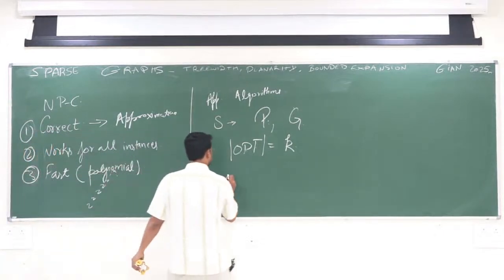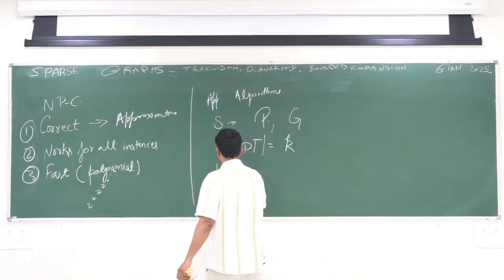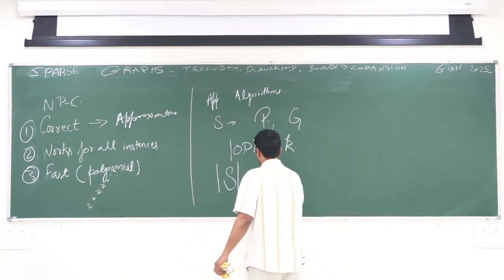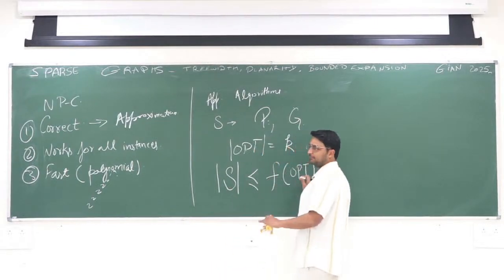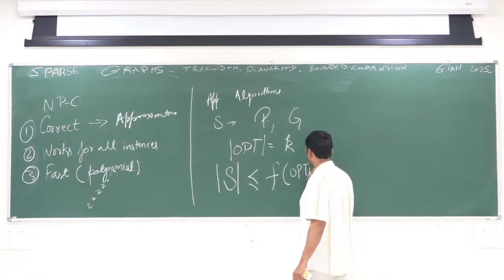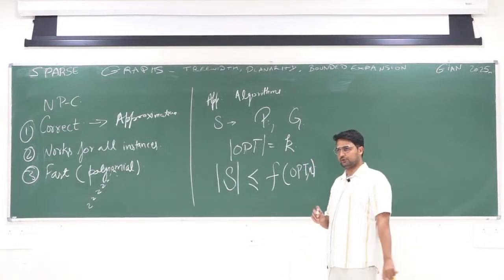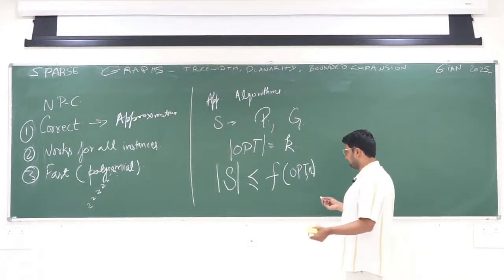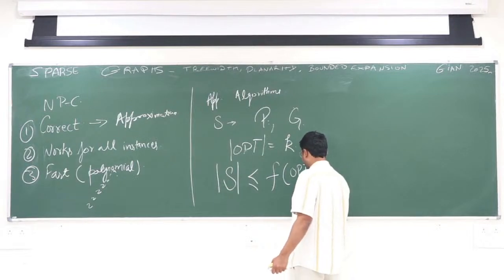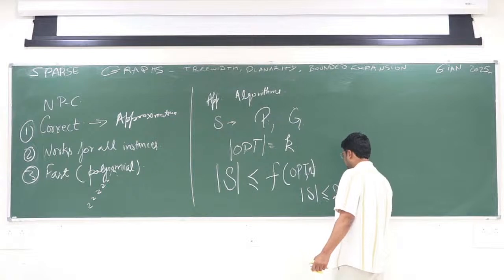So maybe you will give me a new solution, S, which is not optimal, but the size of S is bounded by some function of optimal. And sometimes people even bound it by some function of optimal and n. So we want a reasonably good solution. For example, if we are looking at vertex cover, it's very easy to obtain a vertex cover S whose size is less than or equal to twice the optimal.